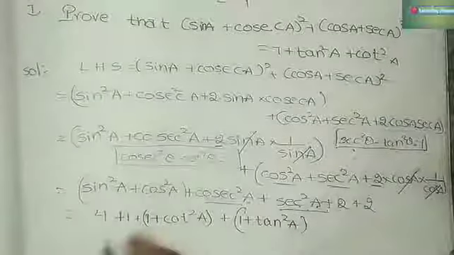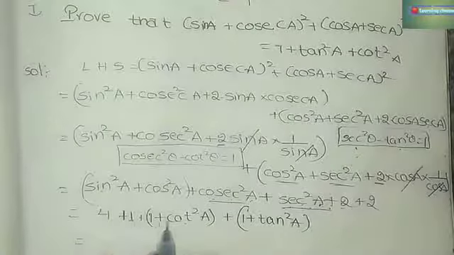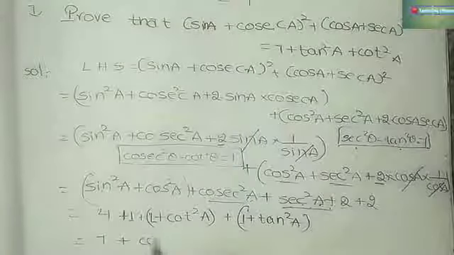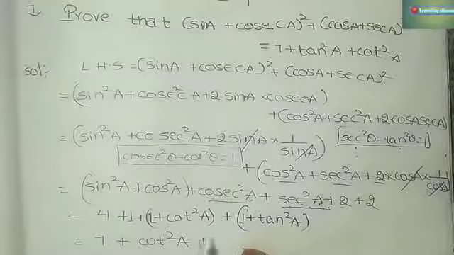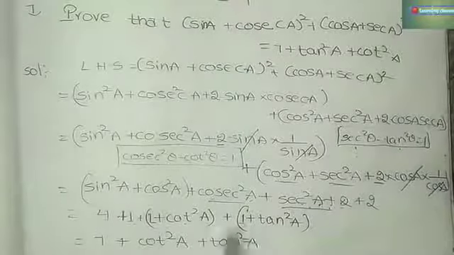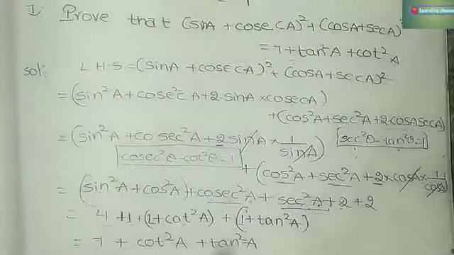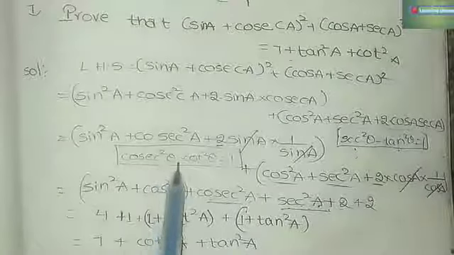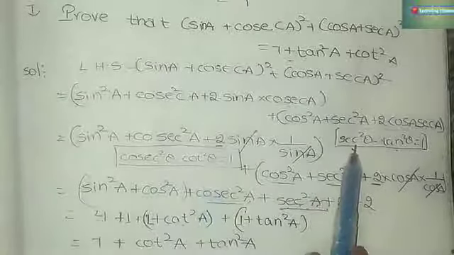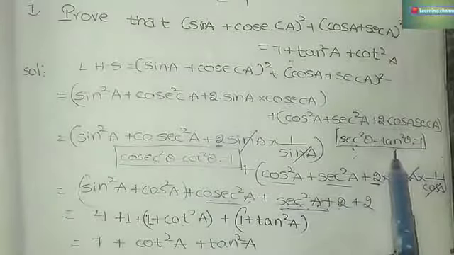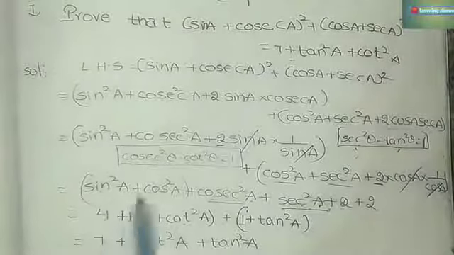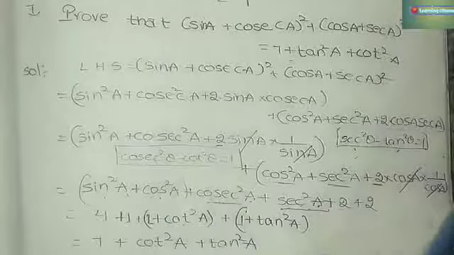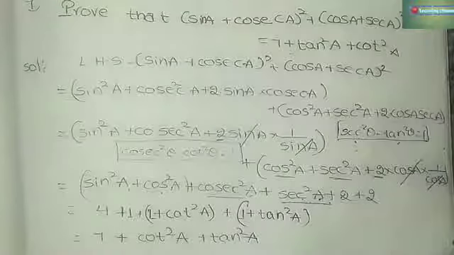From this, the cosecant square A will become 1 plus cot square A. And also secant square A can be written as 1 plus tan square A. This is from second identity, that is secant square theta minus tan square theta is equal to 1. So from this we can write the secant square theta is equal to 1 plus tan square theta. So same I have applied here.